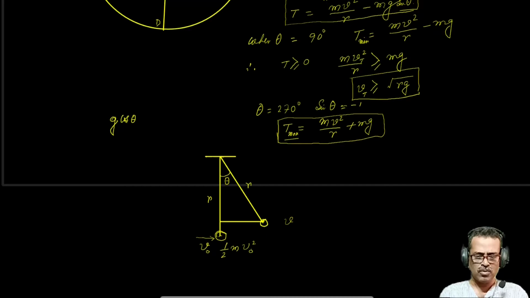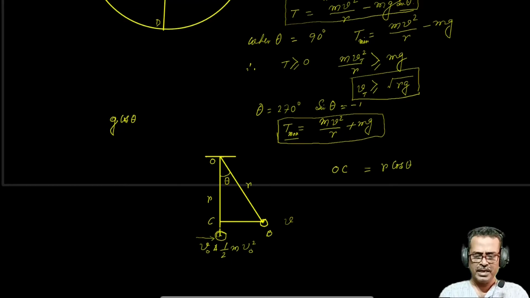if it is O, this is A, this is B, and the perpendicular from B on OA is C, then we can say that OC is equal to r cos theta.